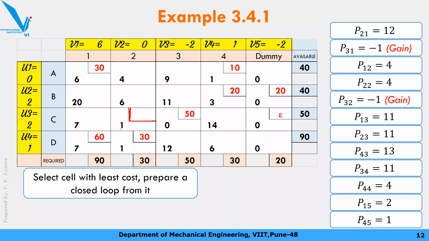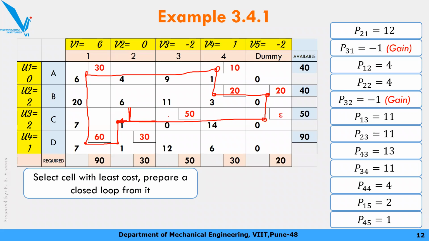How much to allocate and how to allocate, for that you need to prepare a closed loop. So here we will make a closed loop. To make the closed loop we have an option like this. We can jump onto this part and come back.